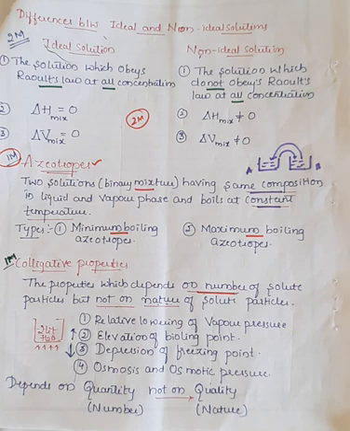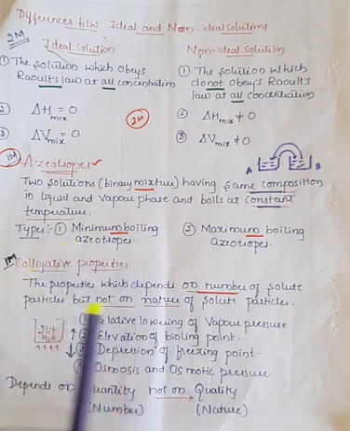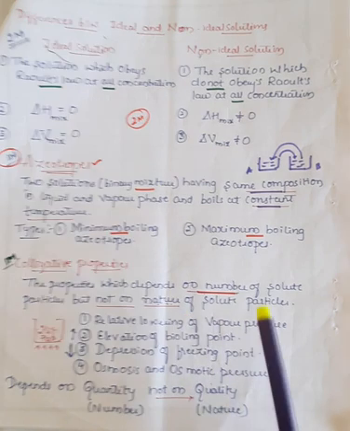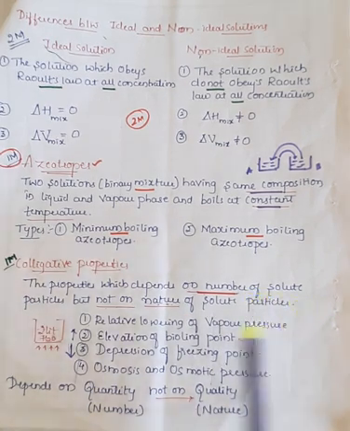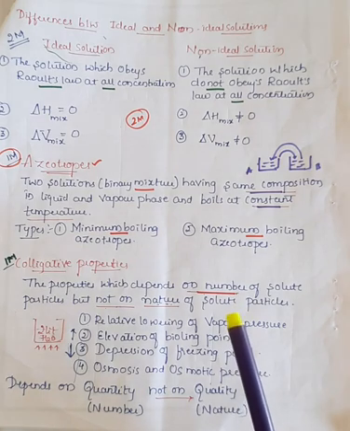So the next concept is regarding colligative properties, and this is a seriously important concept, right? The colligative properties have a definition. Here, the properties depend on number only, but not on the nature of the solute molecules.